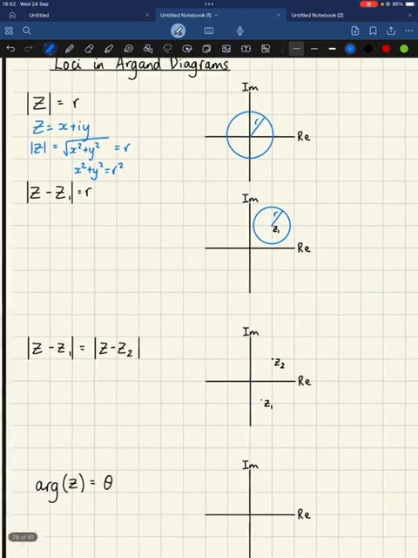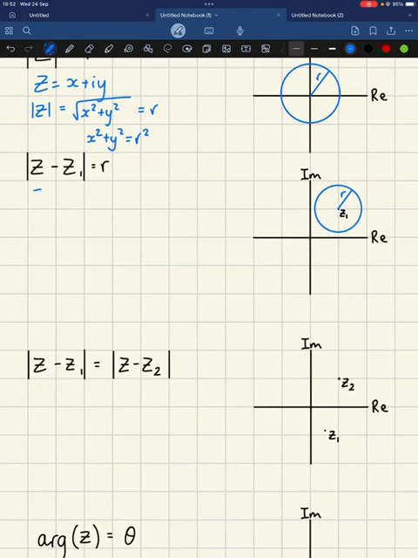And again, what we can do is z is equal to x plus iy. Now z1 would also be x plus iy, but x plus iy is just a general complex number. For z1, we can make it a plus bi, and we'll have some idea of what a and b are, whereas x plus iy is just general.